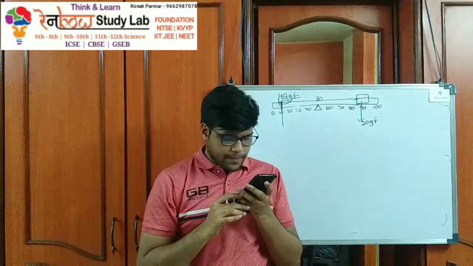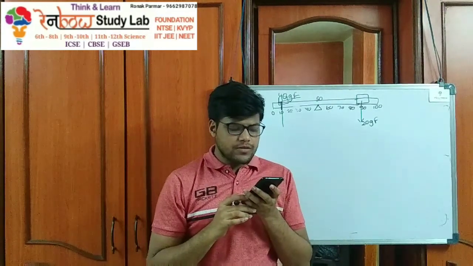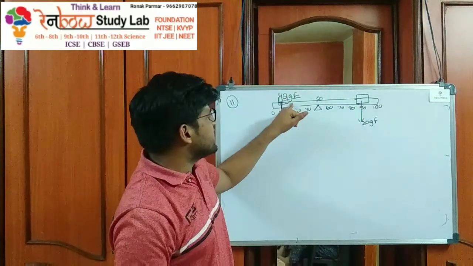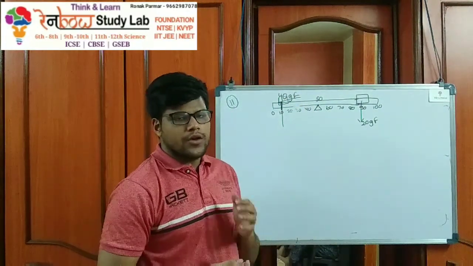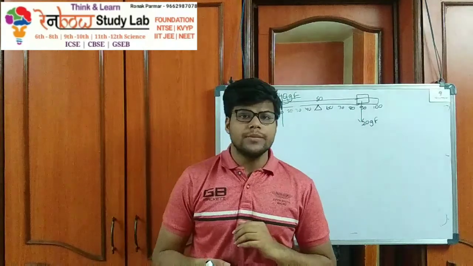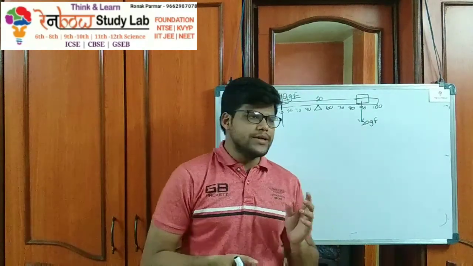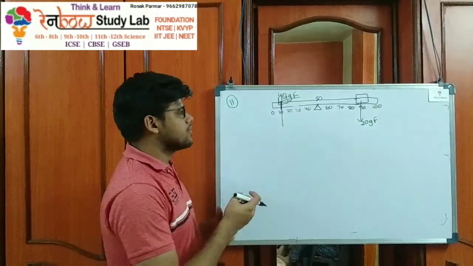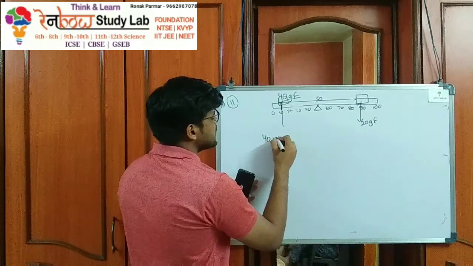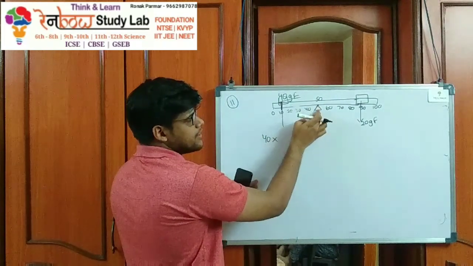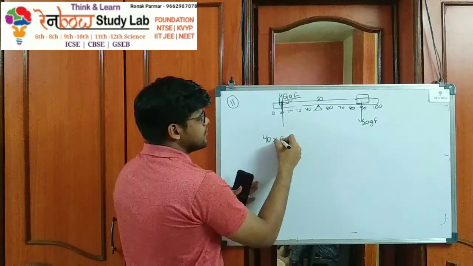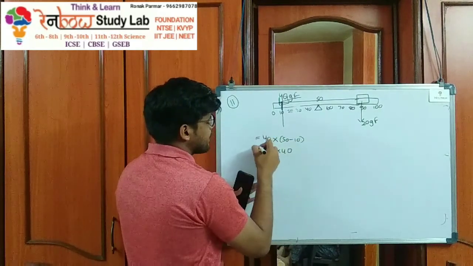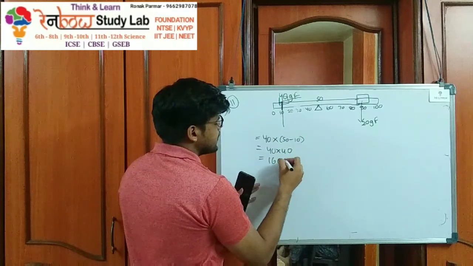So your first question is, is the meter rule in equilibrium? What do you think? This is 40 GF and this is 20 GF. So how do you find if it is in equilibrium or not? Just calculate the moments. This is 40 GF and distance from center: force is 40 and distance from center is 50 minus 10, 40. 40 into 40, 1600.